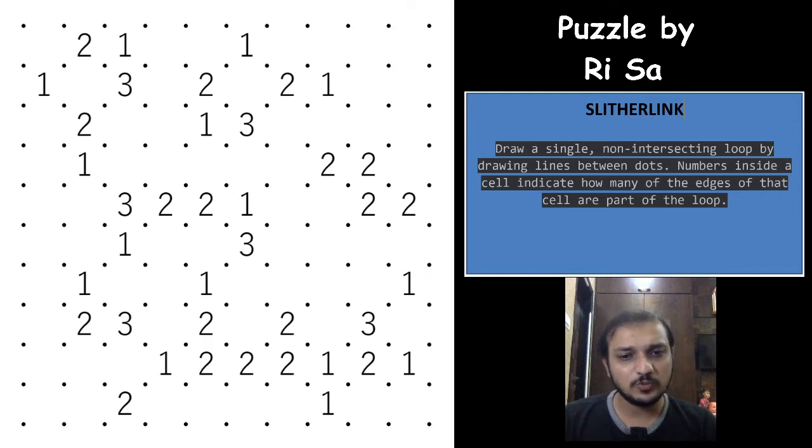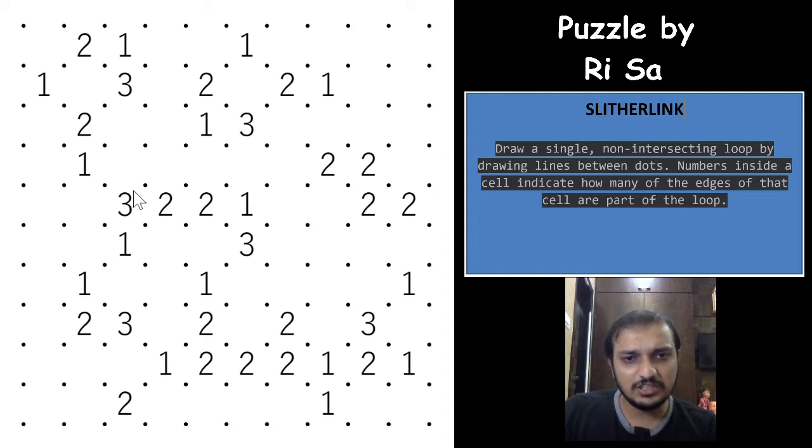And now coming on to this puzzle, the rules of the puzzle say you have to draw a single non-intersecting loop between the dots, right? So lines between the dots, you have to draw a single non-intersecting loop in such a way that numbers inside the cells indicate how many of its edges are part of the loop, right?